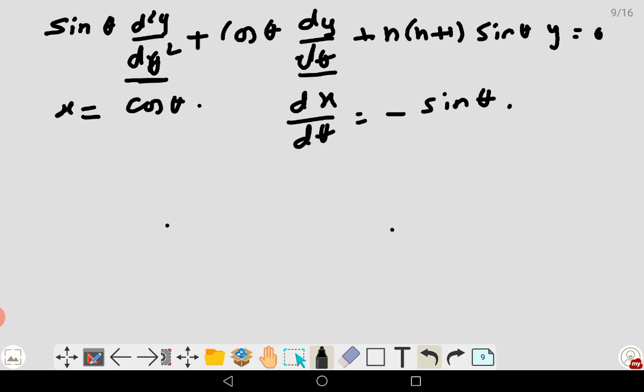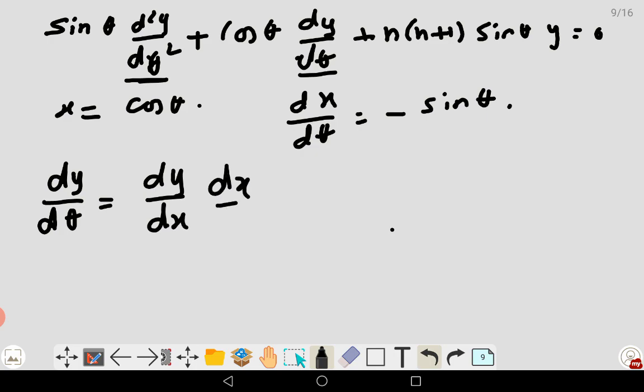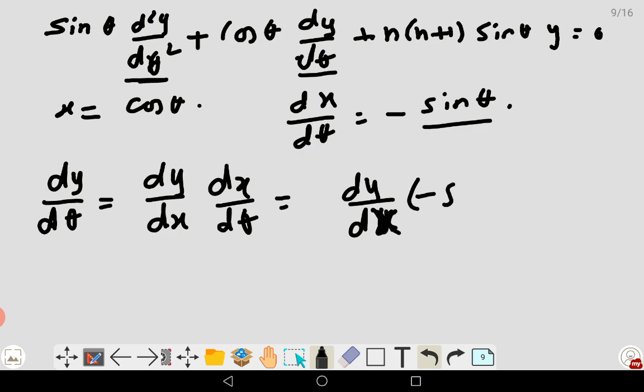Let's take y is a function of x and x is a function of theta. That's what you do. What is dy by d theta? Y is a function of x, so differentiate y with respect to x and differentiate x with respect to theta, which is already done here, isn't it? So dy over dx into negative sine theta.